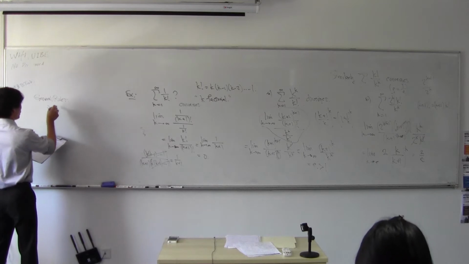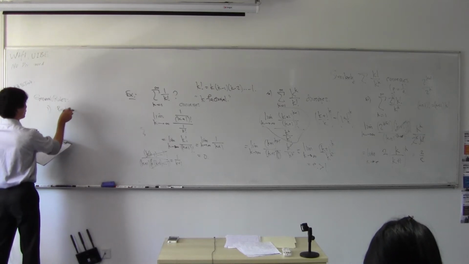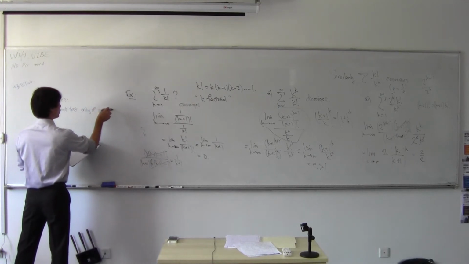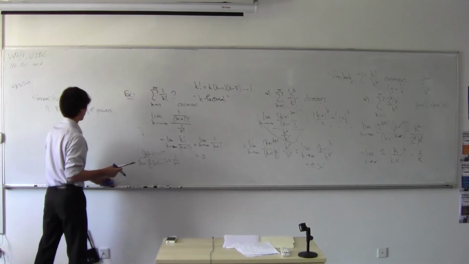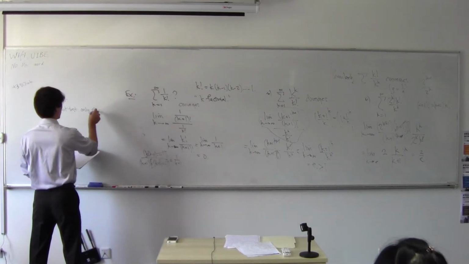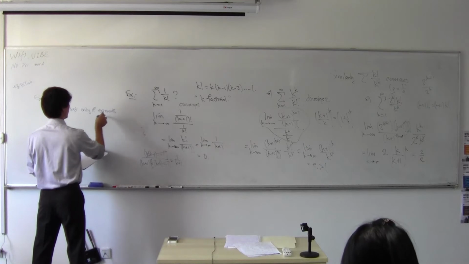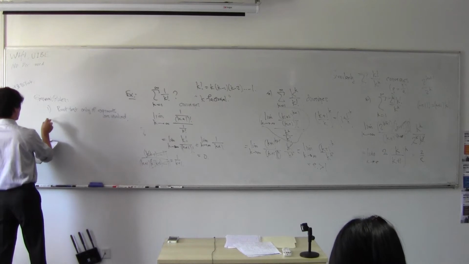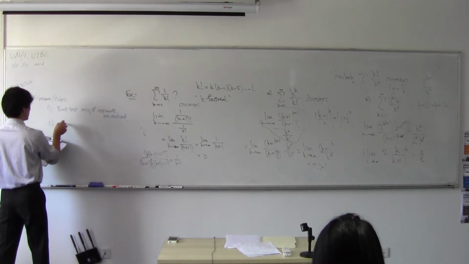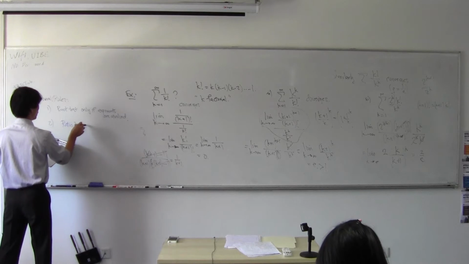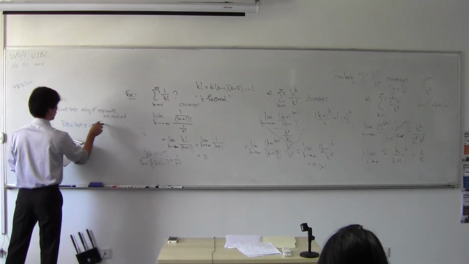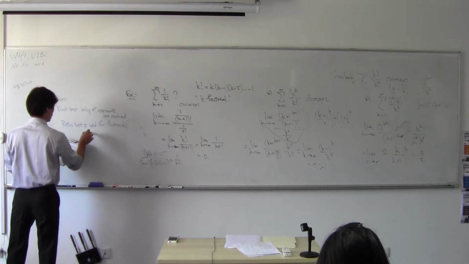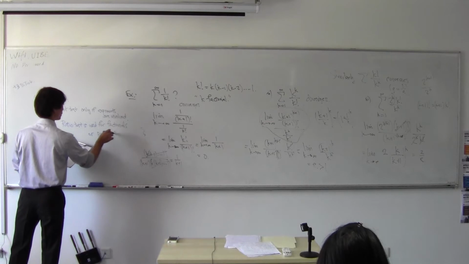First off, use the root test only if, of course, powers and exponents are involved. Second, the ratio test is used if there are factorials, or powers and factorials.